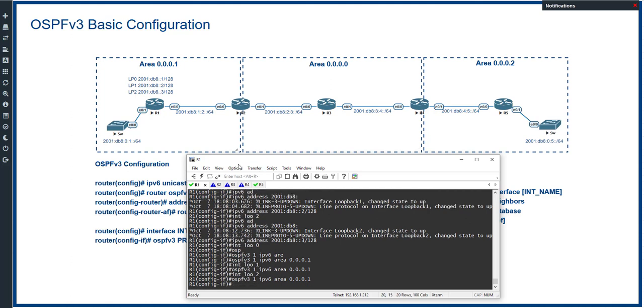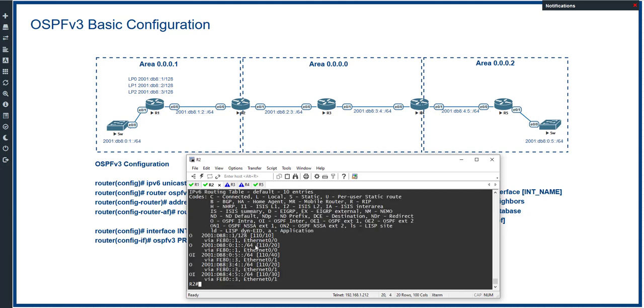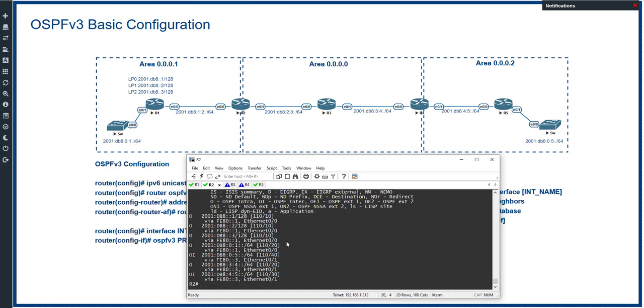On router 2, let me find these networks inside the routing table. Show IPv6 route OSPF. As you can see, until now we have learned 2001:db8::1/128. Now we have all of these three routes.